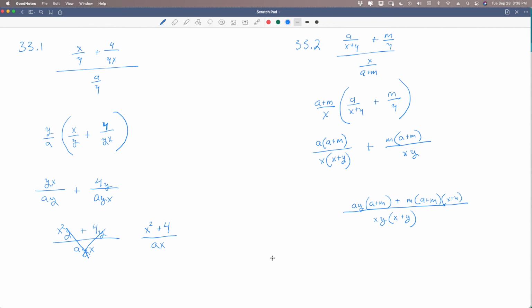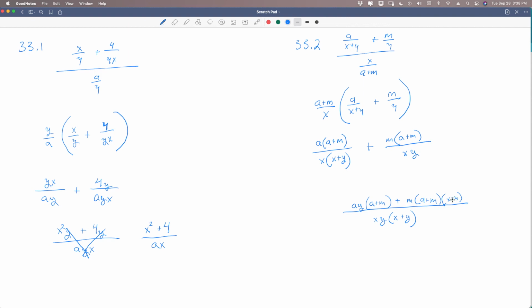And that's my final answer, because there's nothing that I can take out of all of these expressions. You can't factor out the y here without factoring out a y here, and there's not a standalone y that you can factor. You can't factor out the x here because you can't take it out of here.